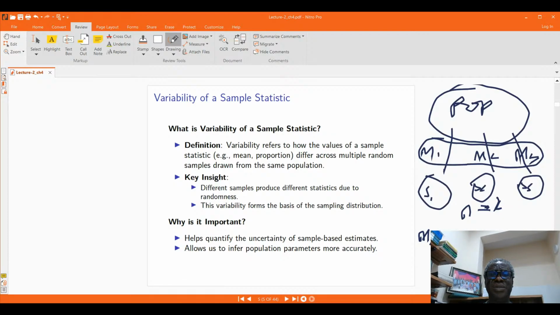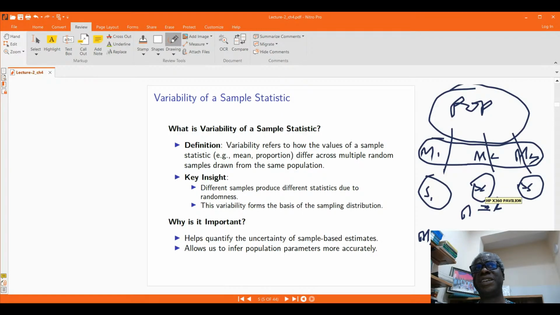So the first thing that we must know is that different samples will produce different statistics because of randomness. So the mean from this sample will be different from the mean from this sample. At times they may be the same, but they will vary.